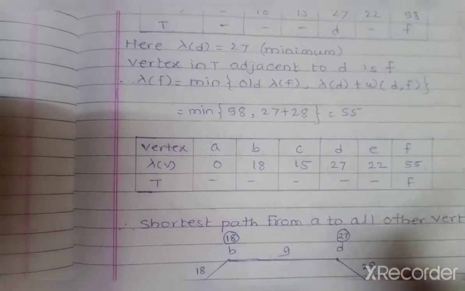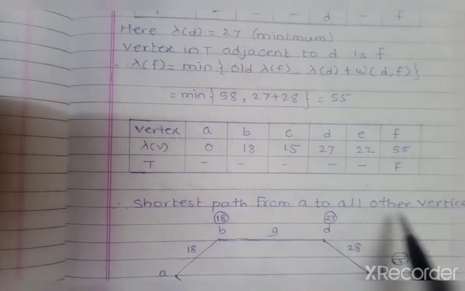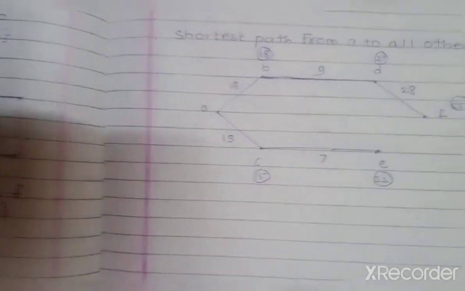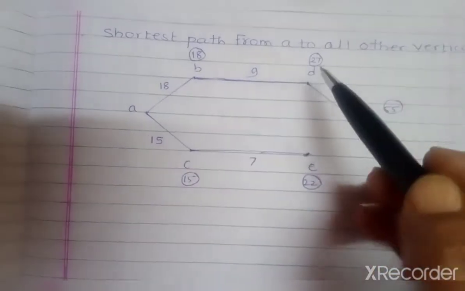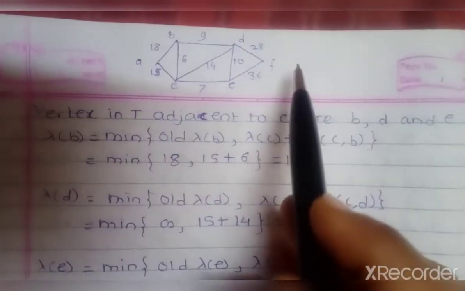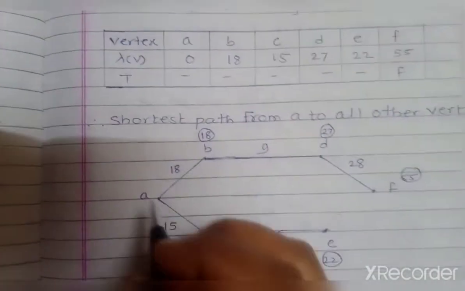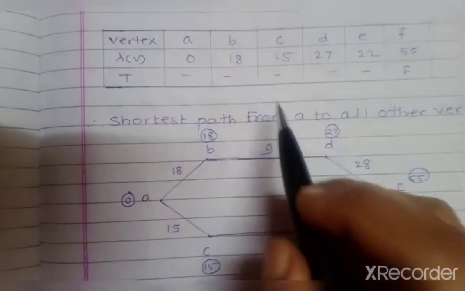So by using our last table, we have to find out the shortest path from A to all other vertices. So fix our vertices first of all: A, B, C, D, E, F. Those vertices we have already drawn in our graph, and then we go one by one. The minimum is 0, so we start from here, 0. Then the next minimum is 15.